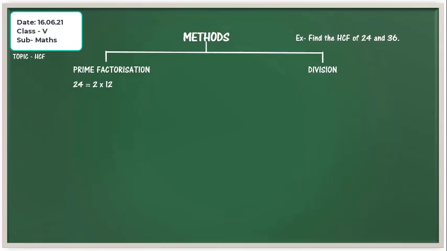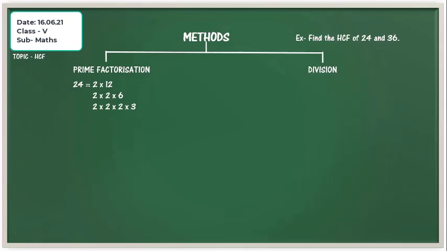Now again we got 2 as our least prime, but 12 is not a least prime, so we will split 12 further, which will become 2 into 2 into 6. Again we can split 6, so 2 into 2 into 2 into 3.